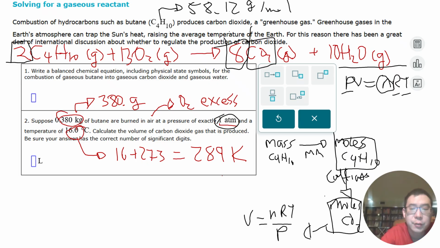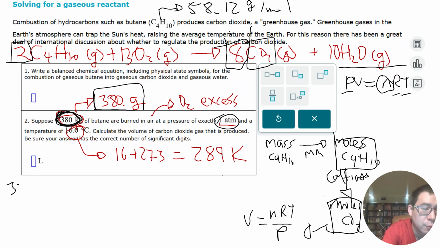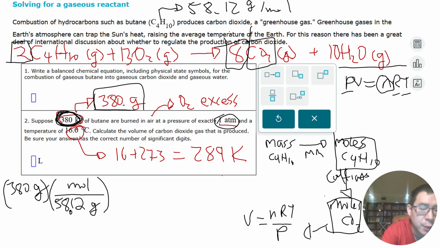I'm going to take the mass of butane, the mass, not the molar mass. I'm going to start with the mass, which is 380 grams of butane. And I'm going to use the molar mass of butane, divide by 58.12 grams per mole. And this is all butane, right?